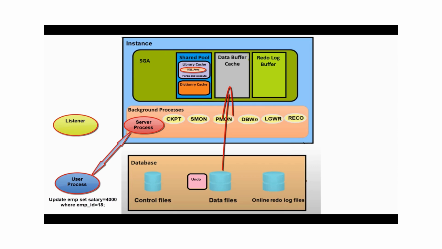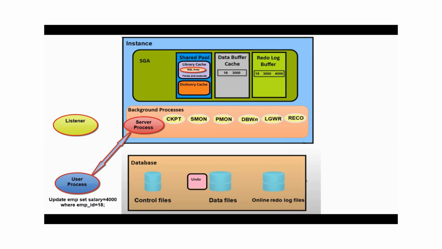But before modifying this block, the old and new values are written in the redo log buffer. The redo log format is as follows: employee ID equals 18, old salary 3,000, and new salary 4,000. The old value is written in the undo block.